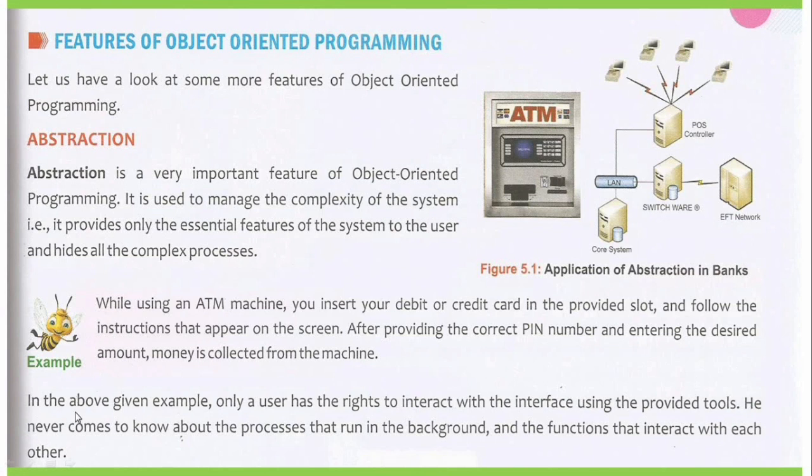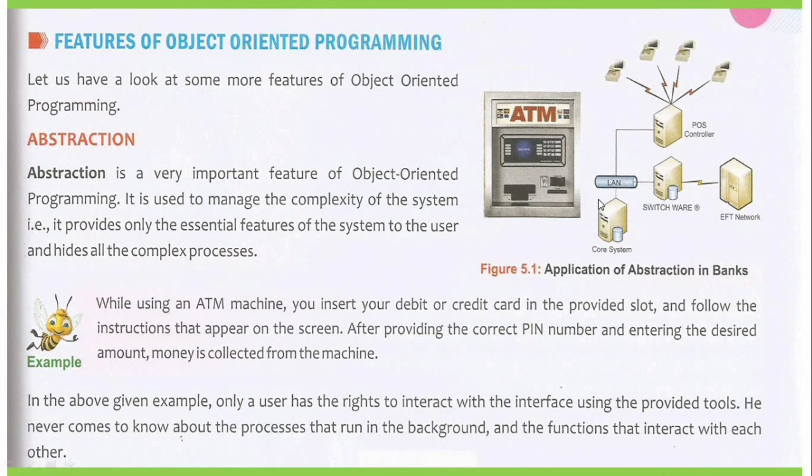Now in the above given example, a user only has to interact with the interface using the provided tools. The user never comes to know about the processes that happen in the background. Because when you click any button on the ATM machine, something is happening behind it.